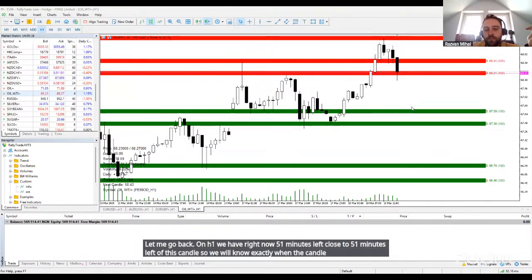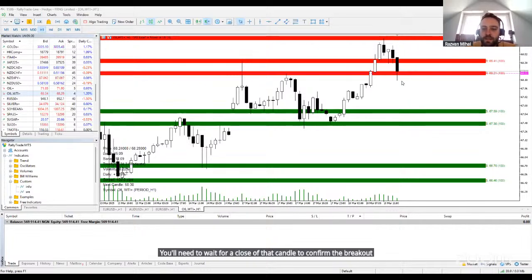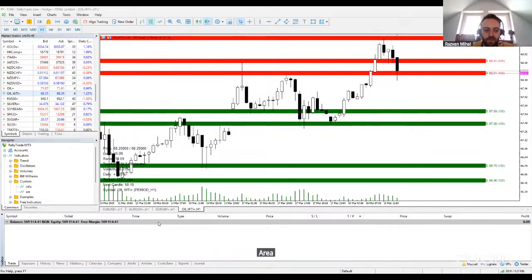This is also very important because most of the time when you trade based on price action, you need to wait for the close of that candle to confirm the breakout, to have a higher probability to know whether the price is moving lower or higher from that support area, from that resistance area, and so on and so forth.